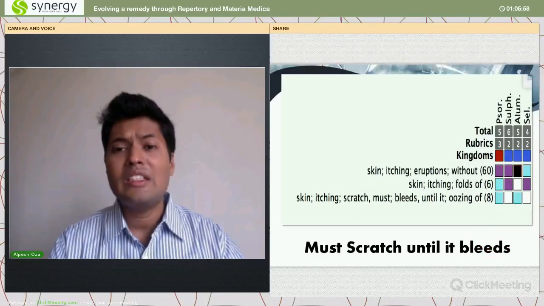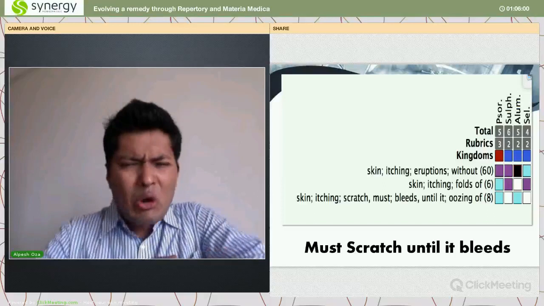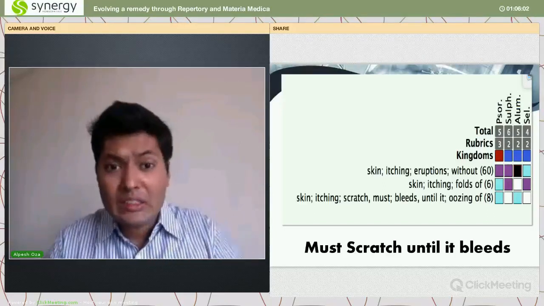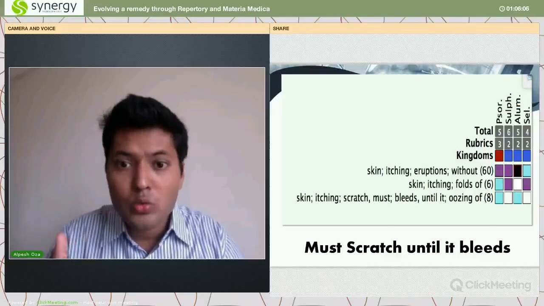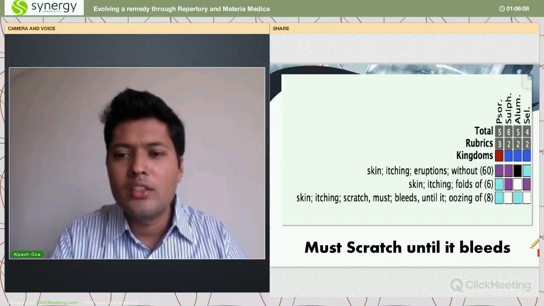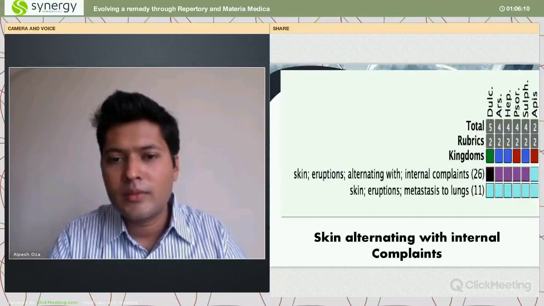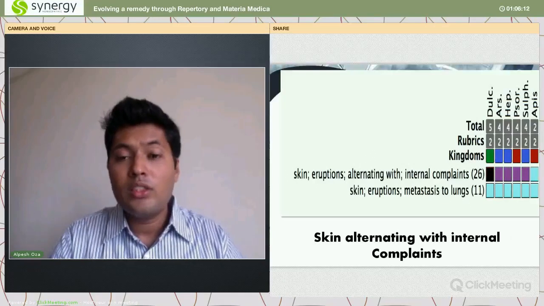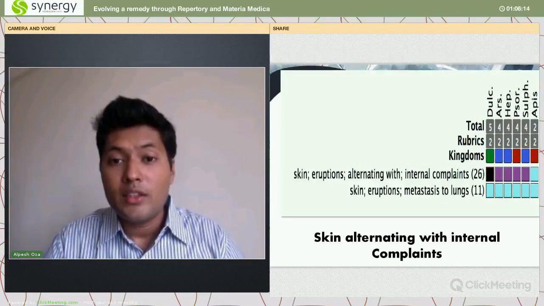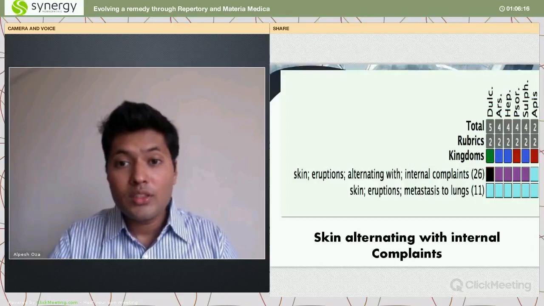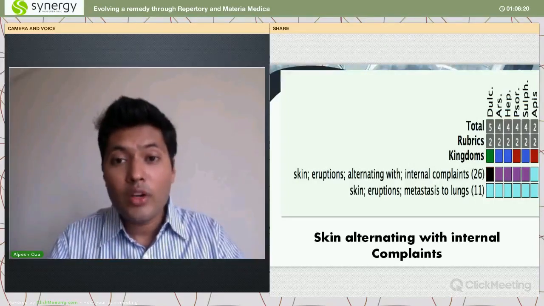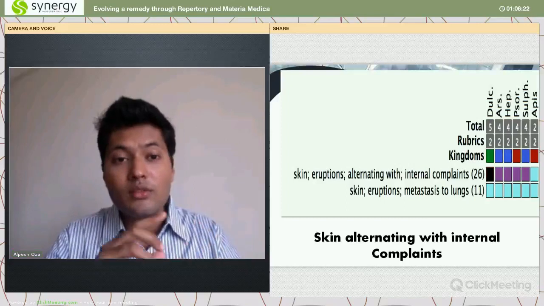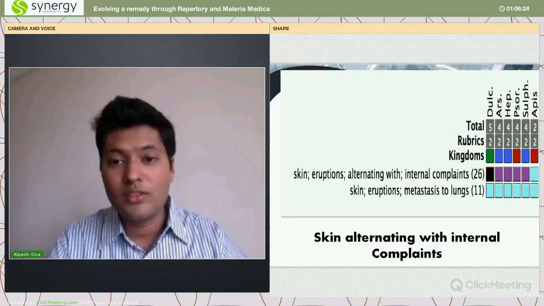Then we see this itching. It has a lot of itching and we have to scratch until it bleeds, the blood oozes out. Till then you have to scratch. Now we see an interesting thing. The skin eruptions alternate with some internal complaints. For example, skin eruptions with metastasis to lungs.